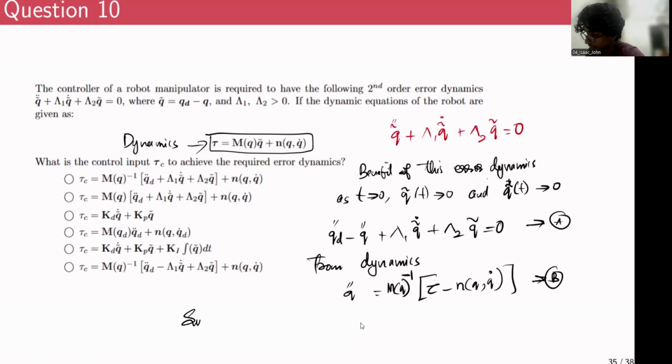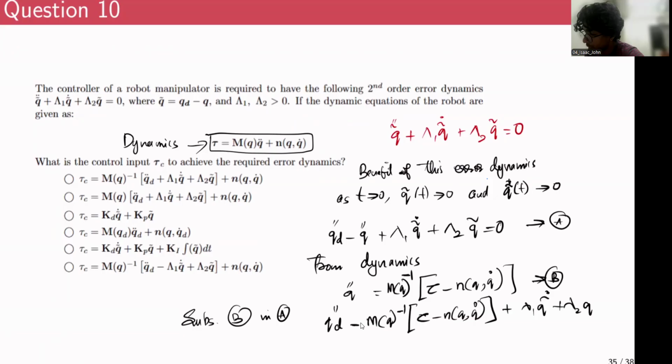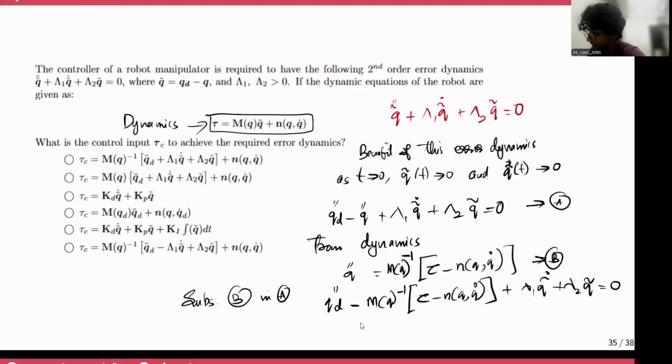So now substituting B in A, you would get q desired double dot minus m of q inverse tau minus n of q dot plus lambda 1 q tilde dot plus lambda 2 q tilde. This would be equal to 0.